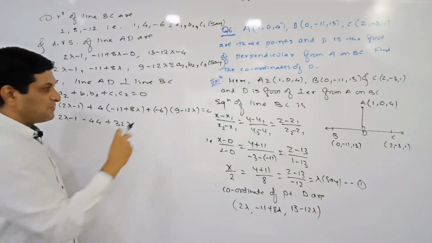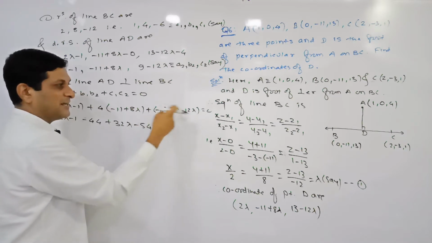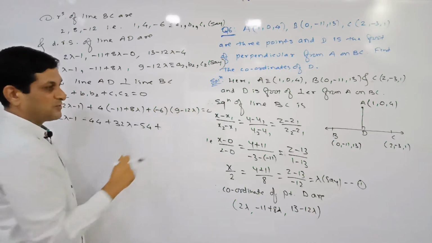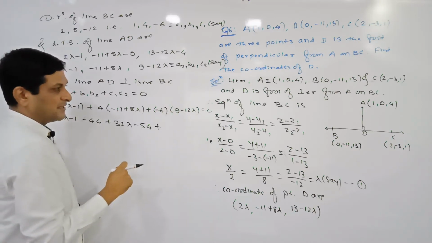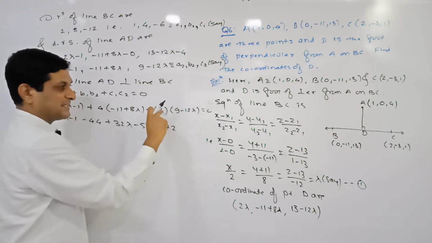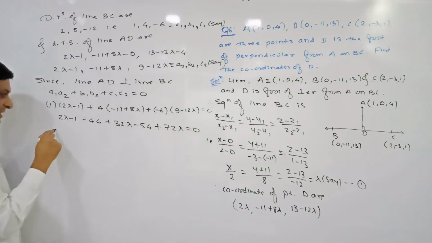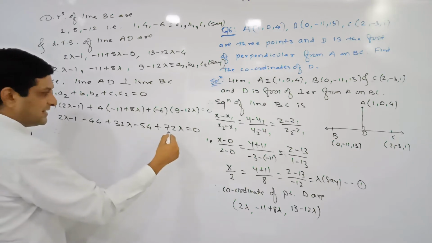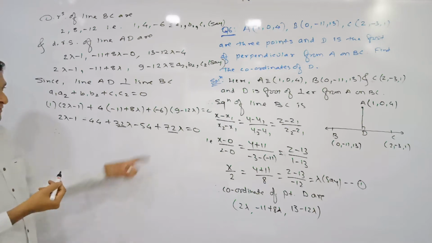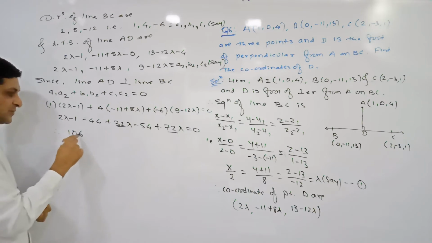Now minus 6 into 9 is minus 54, and minus into minus becomes plus, and 6 into 12 is 72, equals 0. Now on one side collect the terms of lambda: 72 plus 32 is 104, 104 plus 2 is 106 lambda.